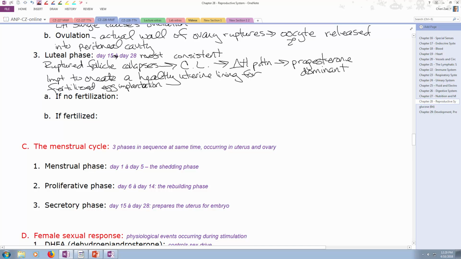The other thing too is high P levels all by themselves have a negative feedback on GnRH, FSH, and LH production and release.